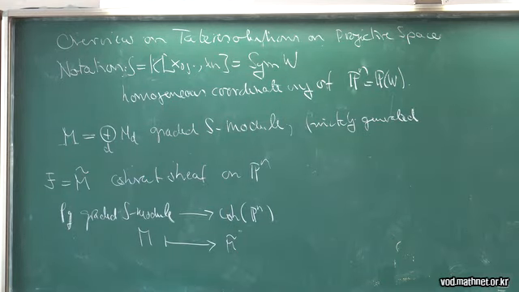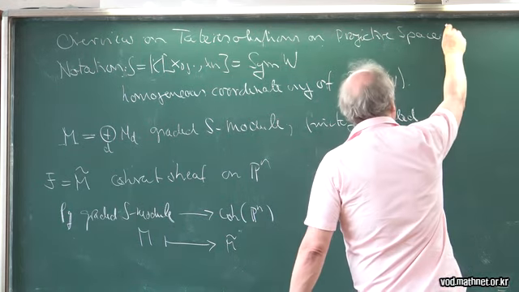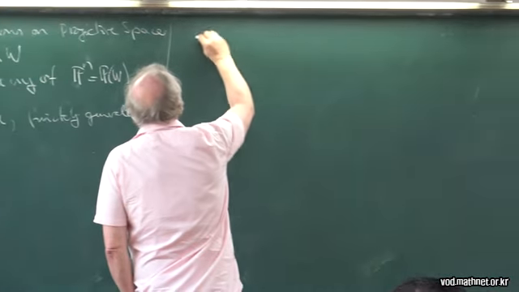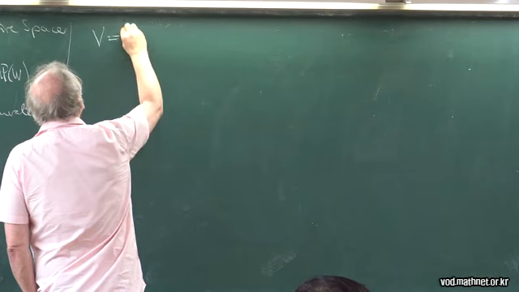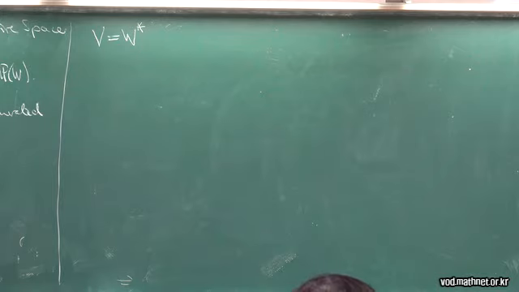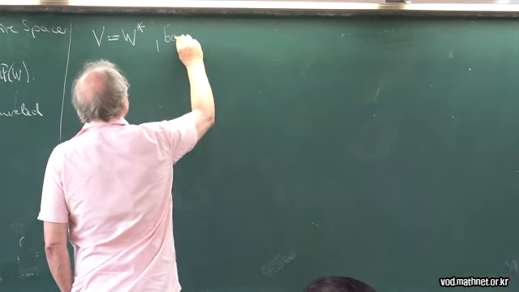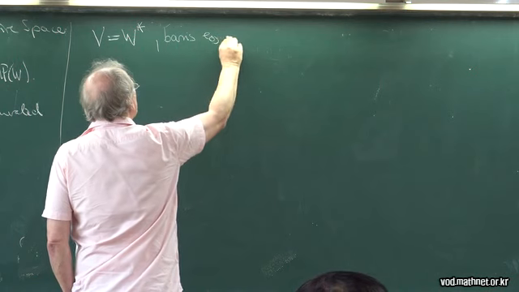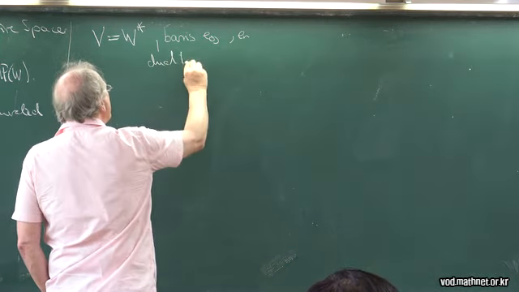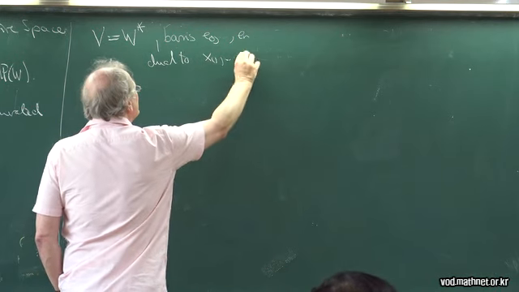What's not so clear, or not so popular maybe yet, is that modules over the exterior algebra are equally important. So the exterior algebra: I will denote the dual space of W with V. And the basis, if I need a basis, will be e0 up to en, dual to x0 up to xn.